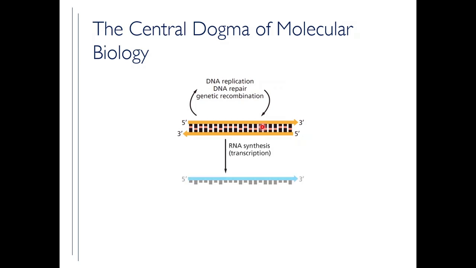However, through the process called transcription, we can read certain parts of this DNA called genes, and we can transcribe them, or make a strand of RNA that corresponds to that particular gene, kind of like a copy of a text.